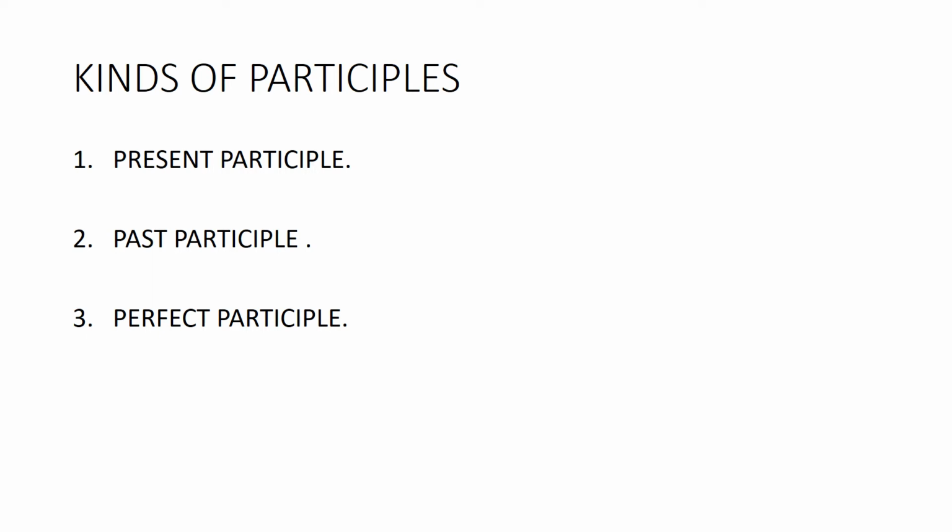Students, now let's learn more about perfect participles. Perfect participles are formed by adding having or having been before the past participle form of the verb. For example, having finished my lesson, I went to bed.